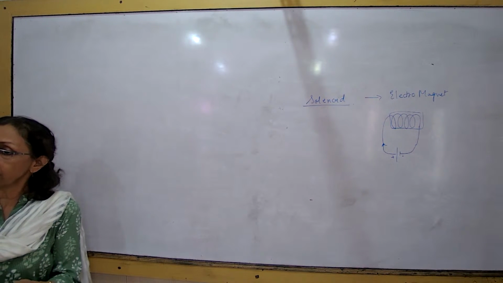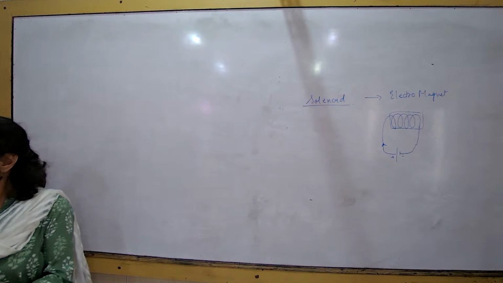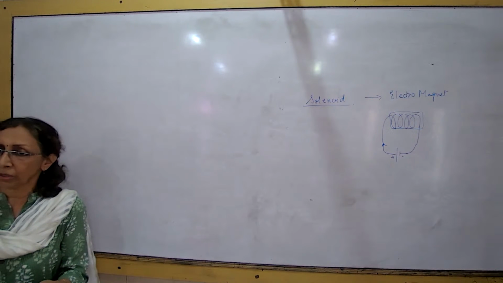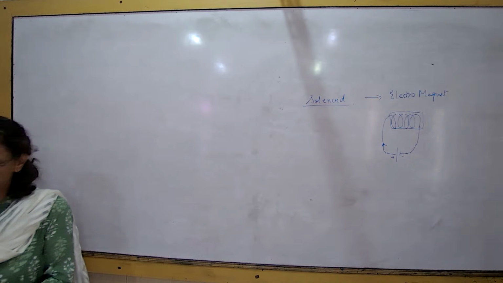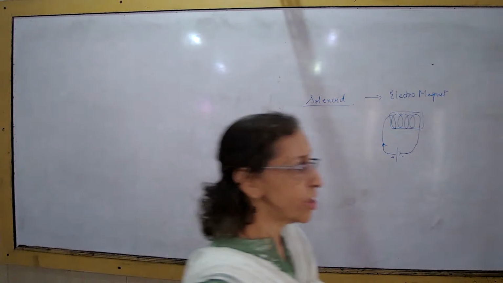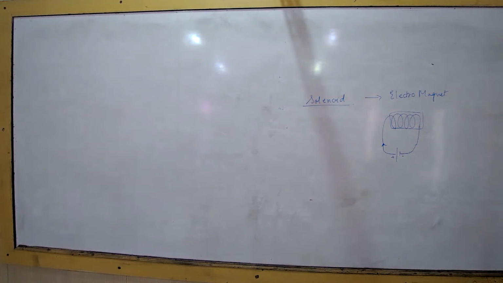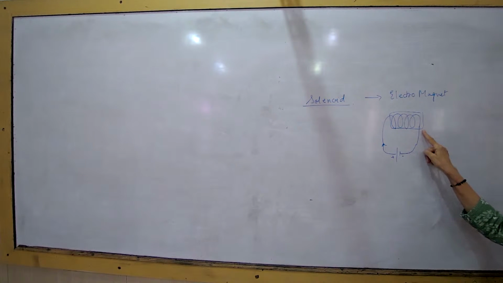If it is attracting towards a particular pole, then we know that it is either the south or the north. If it is repelling, then you know that it is the like pole. Okay. So that is a demonstration to show you how a simple solenoid acts like a bar magnet. Is that okay?